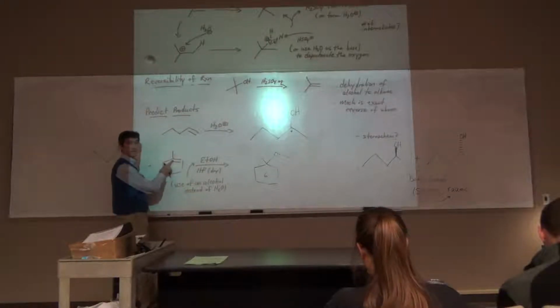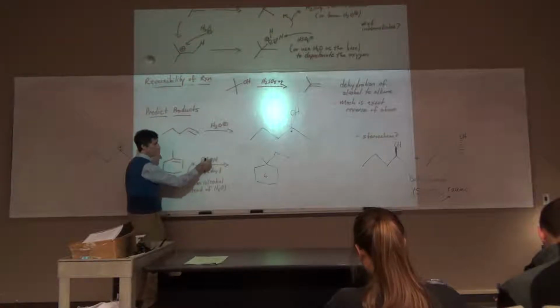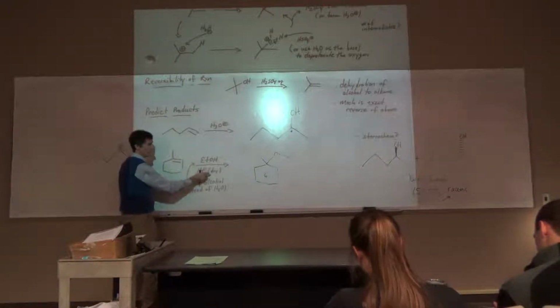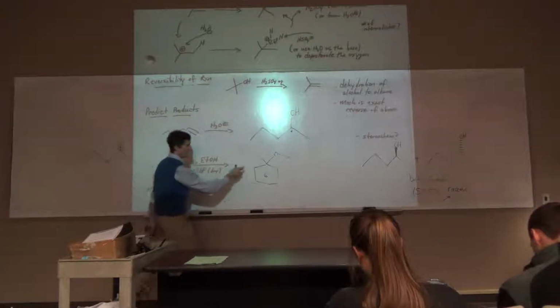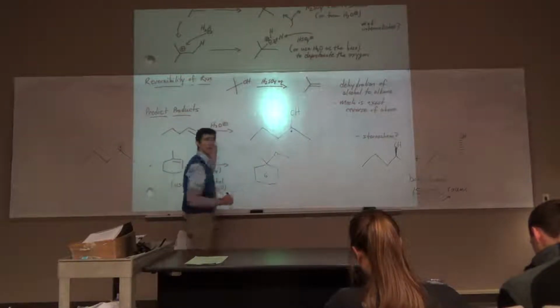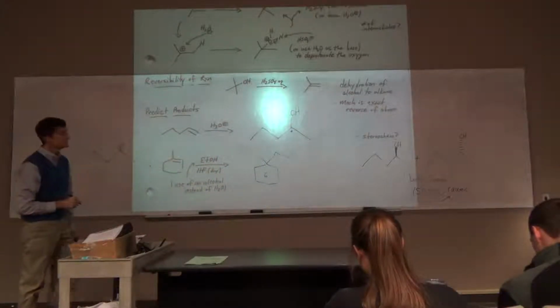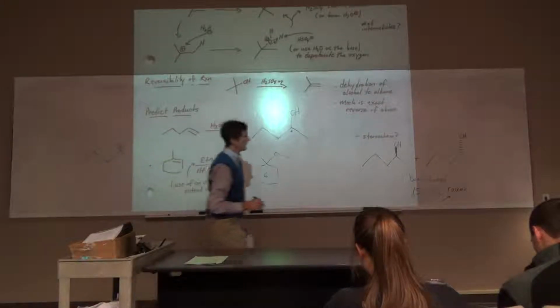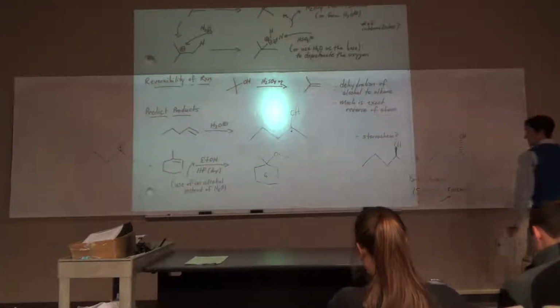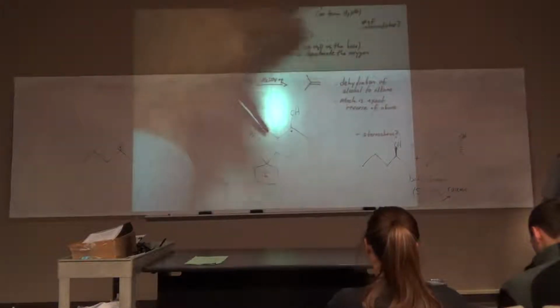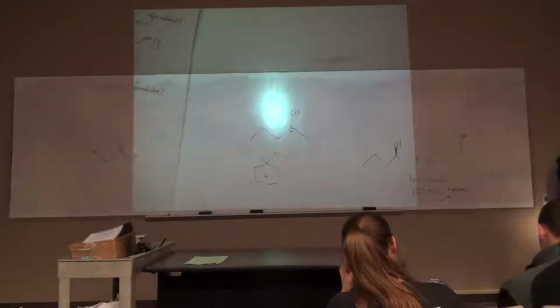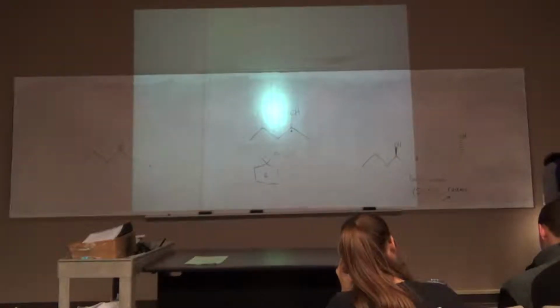And water could attack the cation, and you would get an alcohol. You don't want water to attack. If you want ethanol to attack, you'd rather use a dry acid. Ethanol can attack, all right, and then when you lose the H from the oxygen, you have an ether. Okay, so those are a couple of miscellaneous things before we move on.